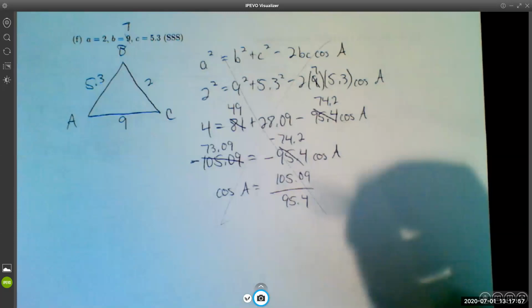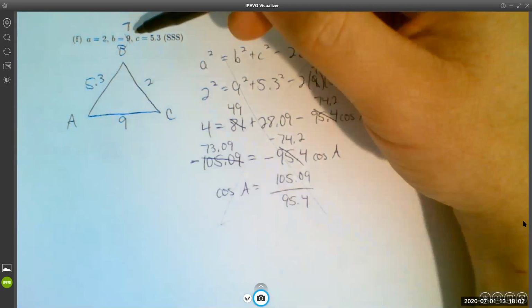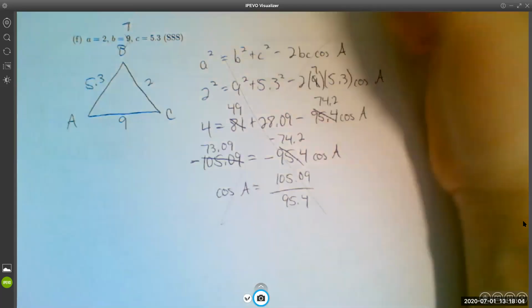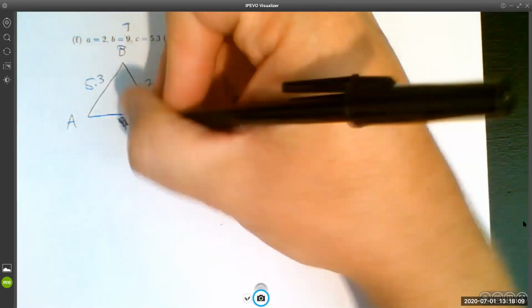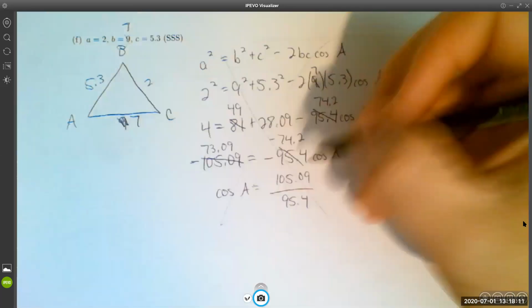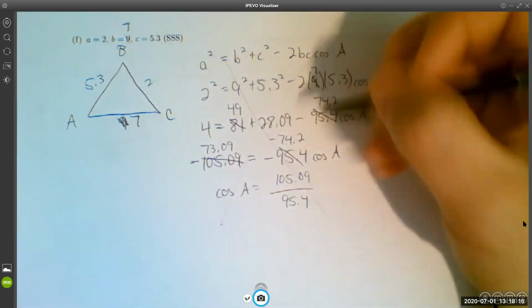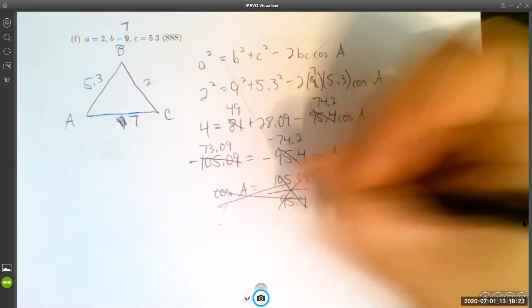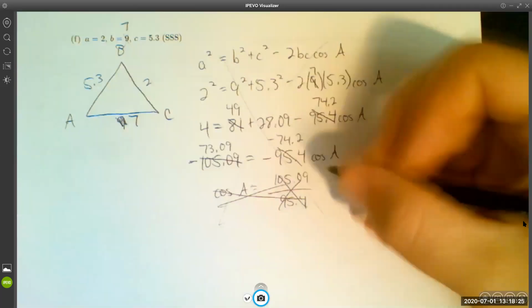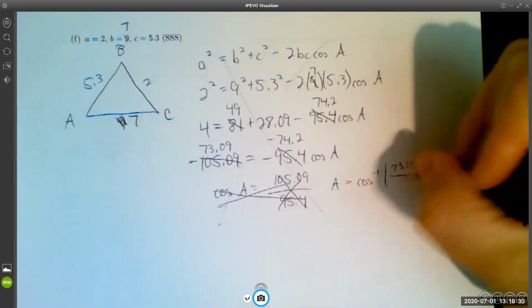So the way the problem was originally stated, it wasn't solvable, but I'm going to change it so that b is equal to 7. That will allow us to still at least solve this so that I can show you what to do from this point. So we would get sine inverse of 73.09 divided by 74.2.